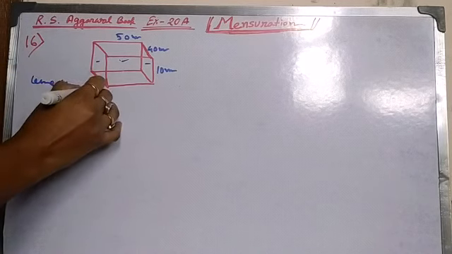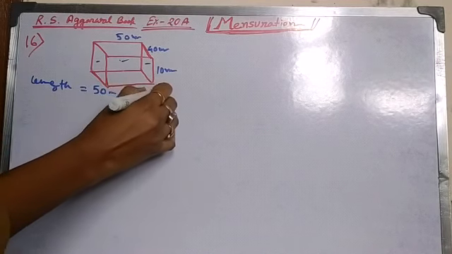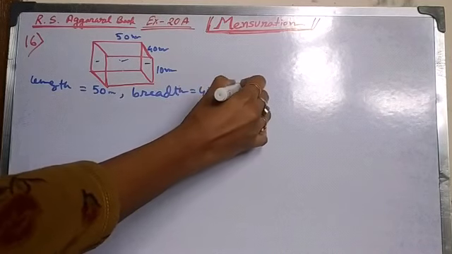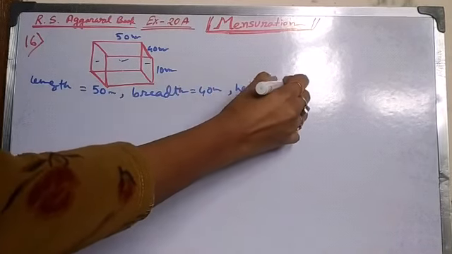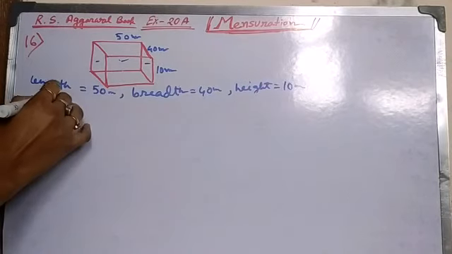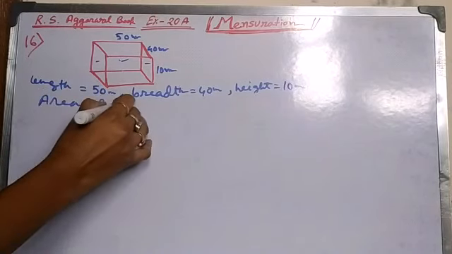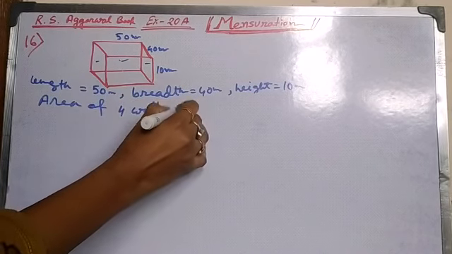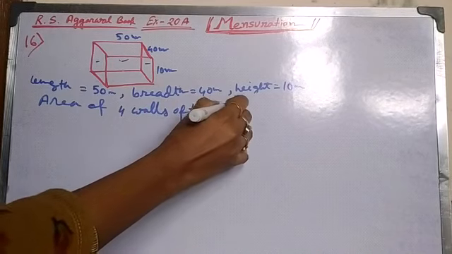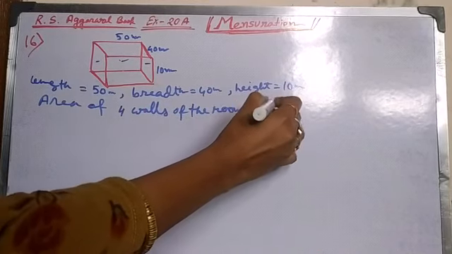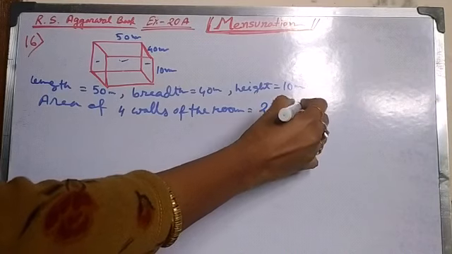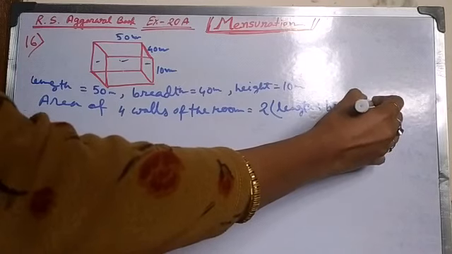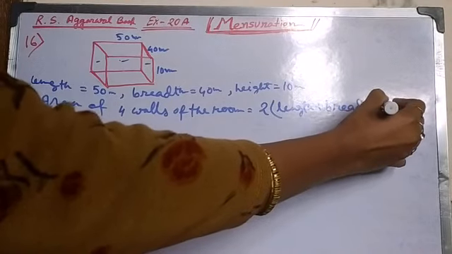Length equal to 50 meter, breadth equal to 40 meter, height equal to 10 meter. So area of 4 walls of the room equal to 2 into length plus breadth into height.